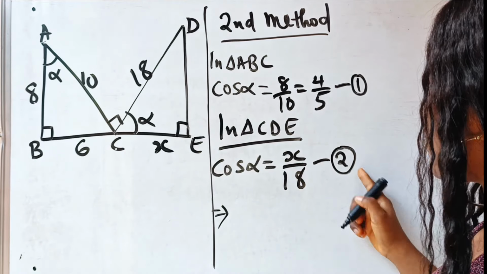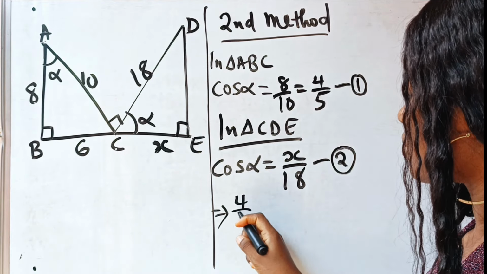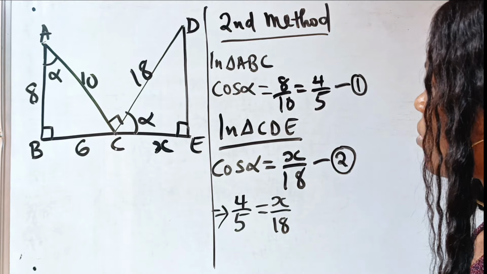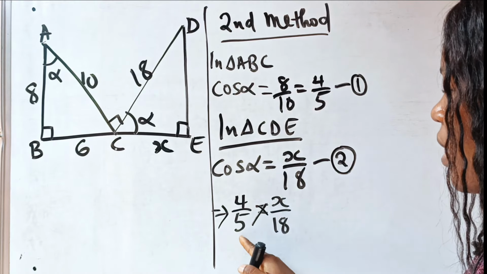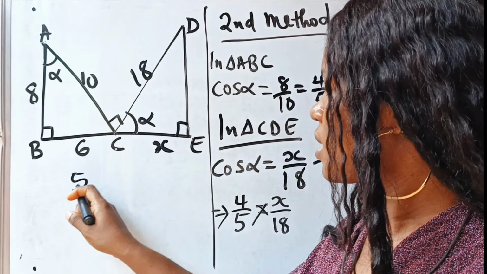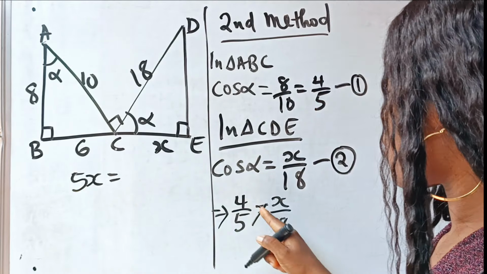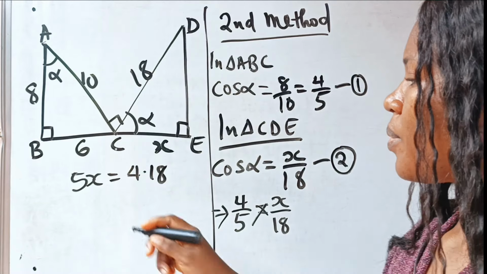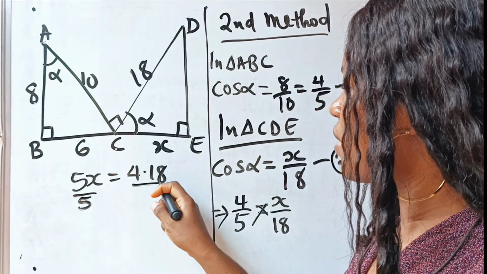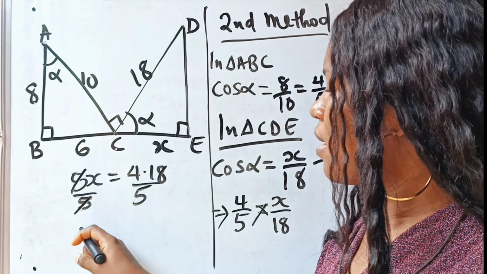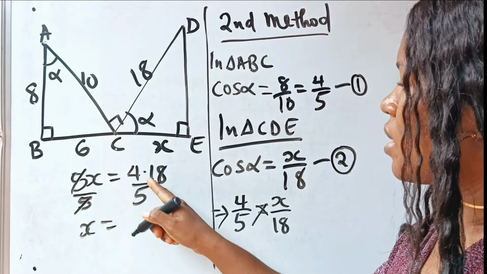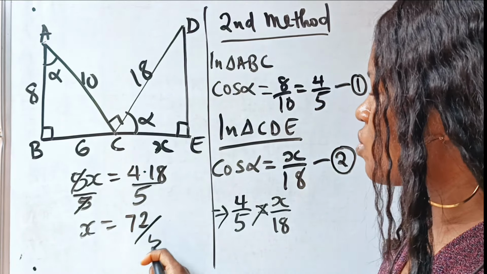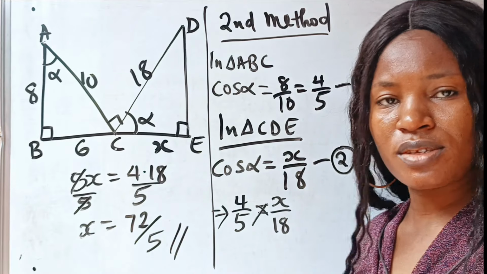So we can write that 4 over 5 is equal to X over 18. If we cross multiply, you have 5x is equal to 4 times 18. So divide by 5, we have x is equal to 72 over 5, just like we got using the other method.